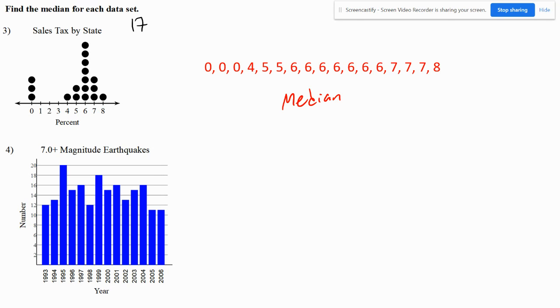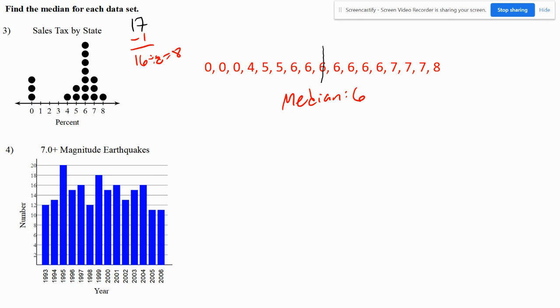Now 17 is not an even number, so let me subtract the 1 to make it even. 17 minus 1 is 16, divided by 2 is 8. So I'm going to make a line such that I have 8 numbers on each side of my line. So I happen to have that line. My line actually went through a number, so my median is that number. My median in this case is 6.